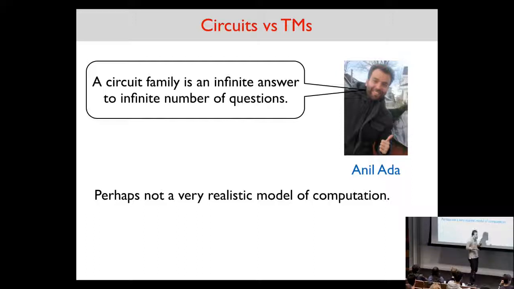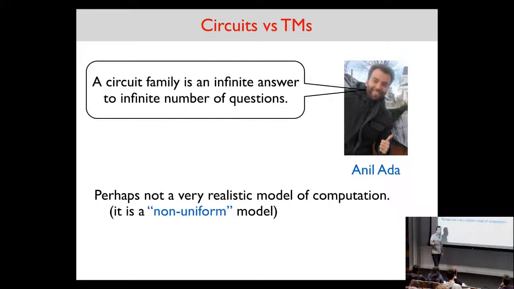And in some sense, yes, it's maybe not very realistic, but you might be interested in a fixed size input. You might say, well, integers are 64 bits long, so maybe I'm only interested in circuits that take 64 bits. Just arguing about that case can give you insights.